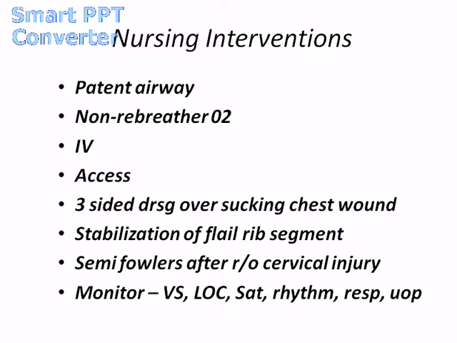And put the patient in semi-Fowler's, or position them on the injured side if breathing is easier once we have stabilized, made sure that they don't have a spine injury. We'll turn them. And of course monitor all their vital signs, level of consciousness, cardiac rhythm, respiratory status, and watch their urine output as well.